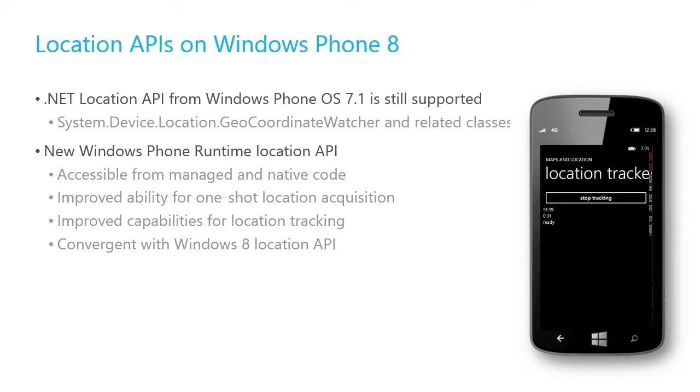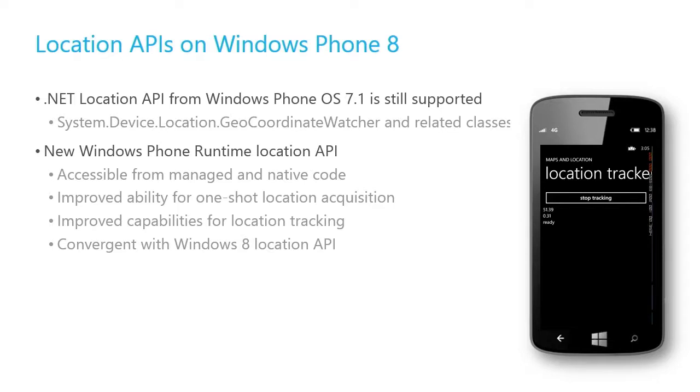All your code from 7.1 will still work just great on Windows Phone 8 and the related classes in that library. Moving forward, though, if you're doing new app development, you probably want to start thinking of using the new Windows Phone Runtime Location API. This is convergent with the Windows 8 Location API, so it's pretty close to what you're doing on Windows 8. And it's got a number of new capabilities.